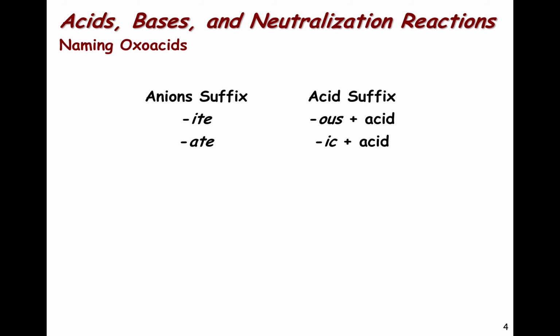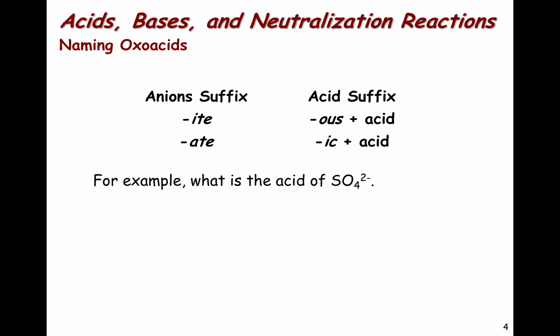In the name for the acid itself, we replace the suffix "ate" or "ite" with the suffixes "us" or "ic." So the corresponding "ite" ion will produce an "ous" acid, and an "ate" ion would produce an "ic" acid.